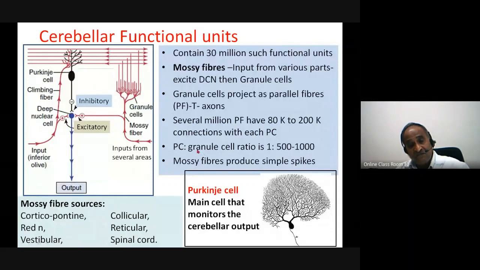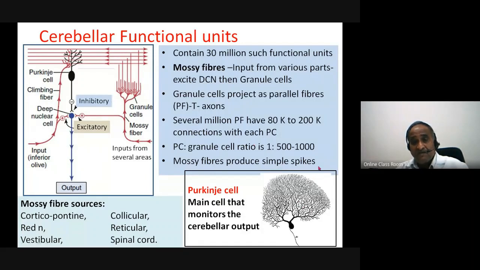That is the feed forward inhibition. The Purkinje cell to granule cell ratio is 1:500 or 1:1000. That means for each Purkinje cell, there would be 500 to 1000 granule cells in the cerebellum. So you can imagine how complex the cerebellar structure and architecture is.